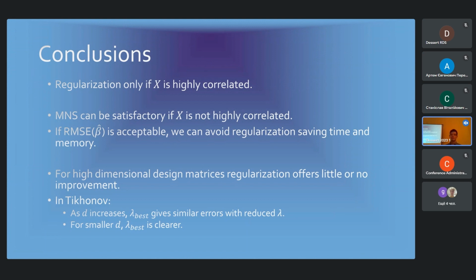So for a larger number of columns, we get similar errors. However, if the columns are fewer, which means an overdetermined case, or a similar number of columns and rows, then lambda best is clearer.